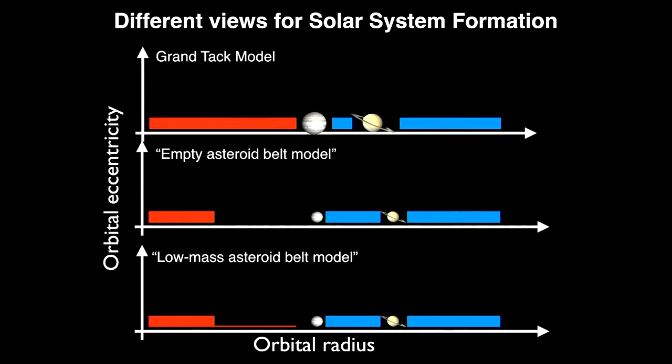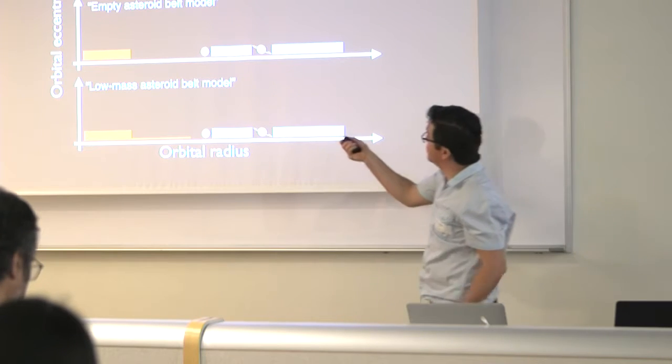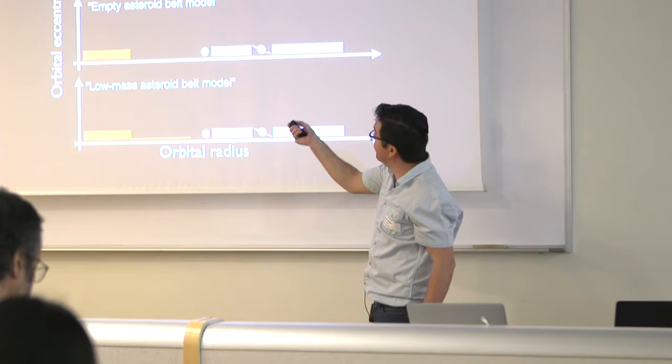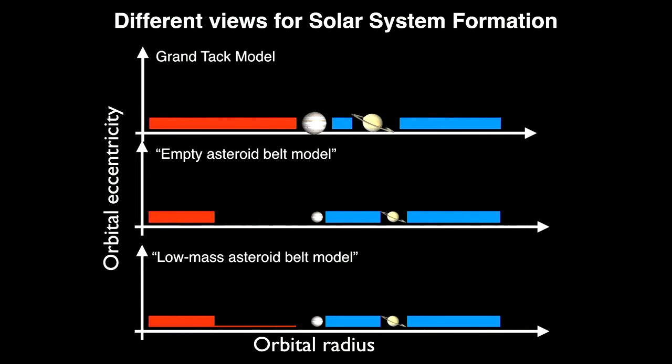So let's summarize the different views for the solar system formation. You can have the Grand Tack model. The Grand Tack model assumes that you have a very massive belt from the beginning. So you have a lot of mass in the terrestrial region, with Jupiter and Saturn fully formed, and they're going to migrate. Jupiter migrates and truncates the disk, then Saturn comes, and they go back and scatter the S and C types.